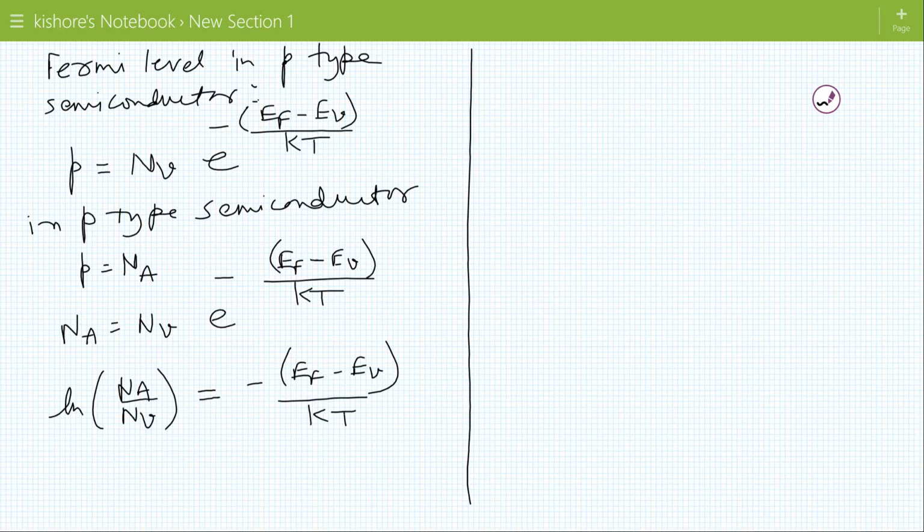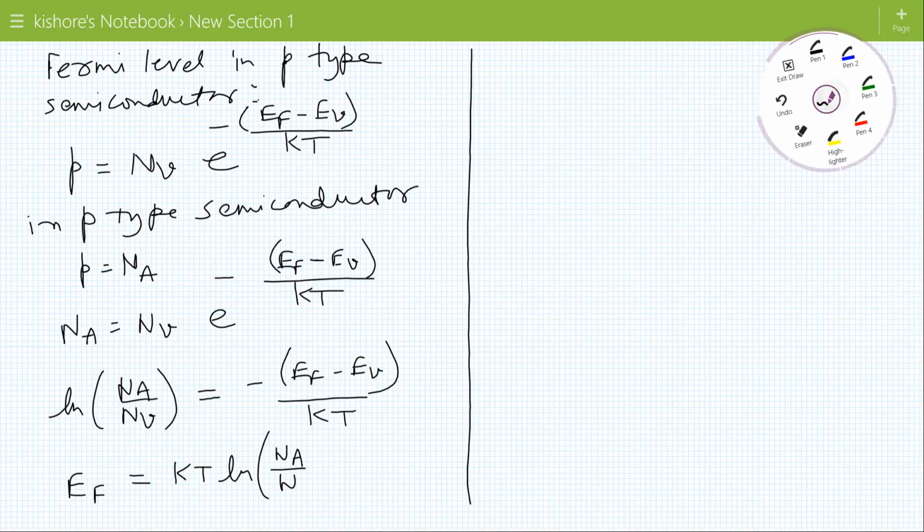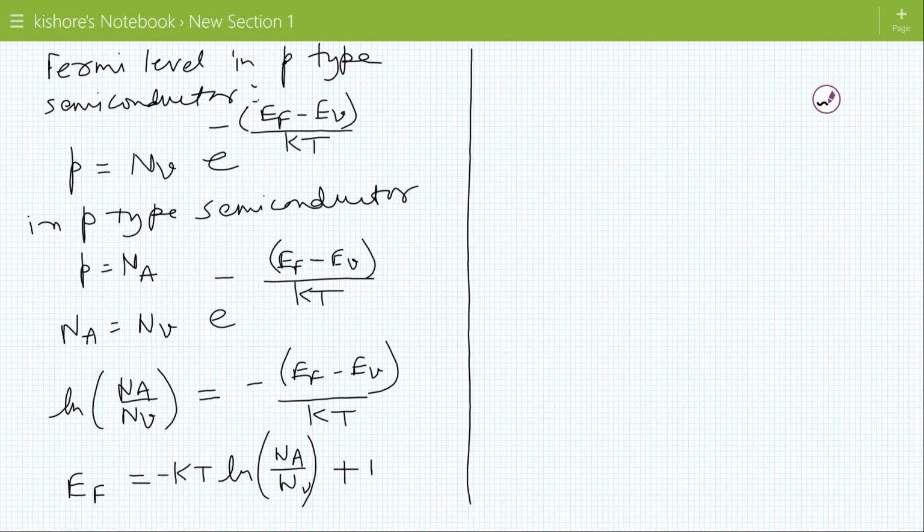So Ef is now equal to kT into the natural log of Nv by Na plus Ev.